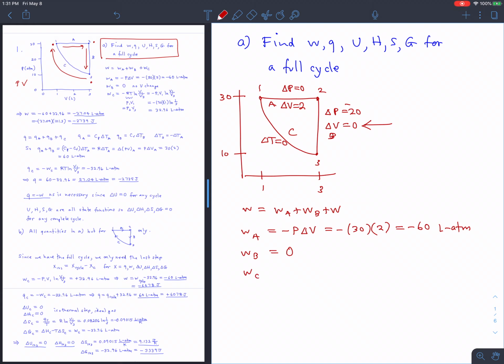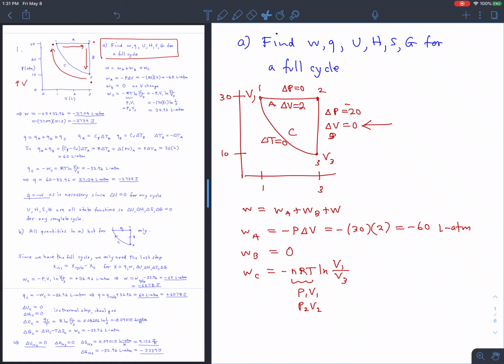And WC, that's an isothermal process. It's an ideal gas. So minus nRT log of V3 and V1. The final is V1 and the initial is V3, so V1 over V3. nRT in this case, using the ideal gas law, is just P1V1 or P2V2, or P3V3.